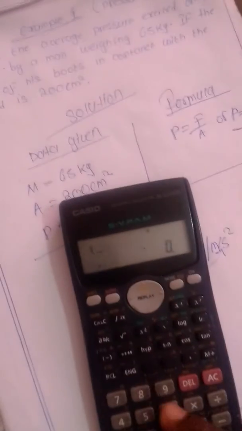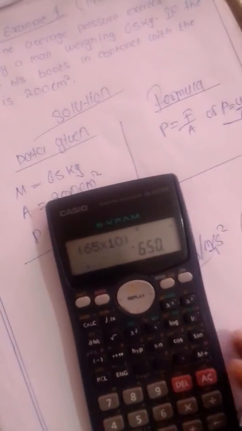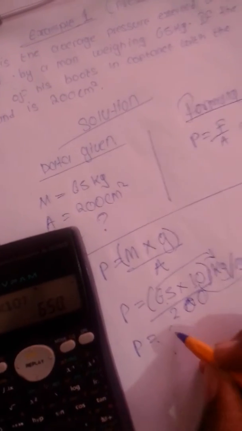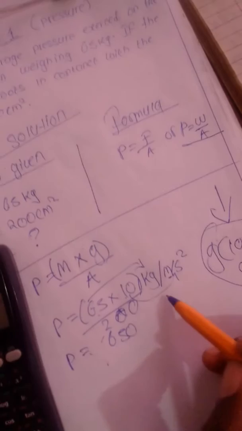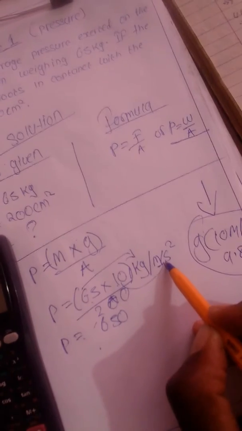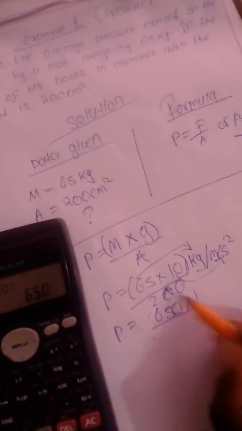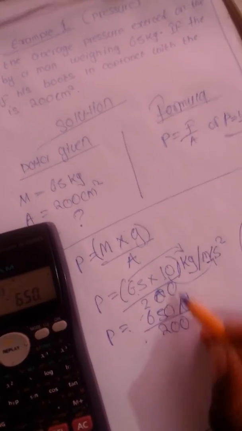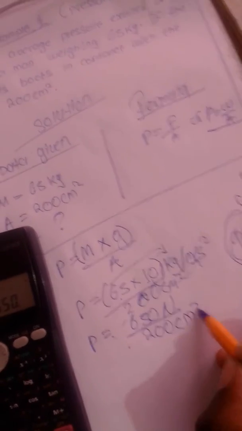Pressure is equals to this times this, with my calculator, I'm trying to prove out when I say open bracket, 65 times 10 close is equals to 650. It's giving me 650. When I add the kg and the meter per second squared, it's giving me Newton, right? It's giving me Newton over the 200 centimeter squared.